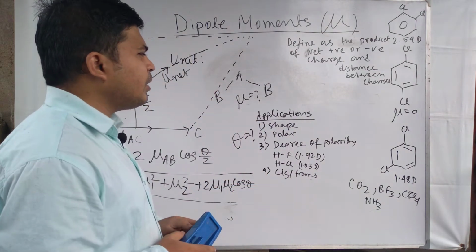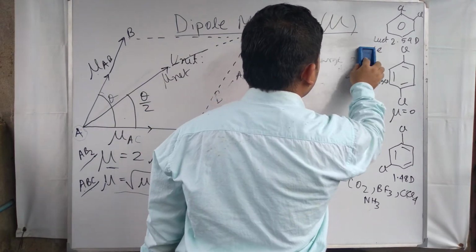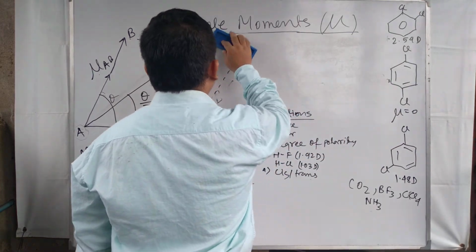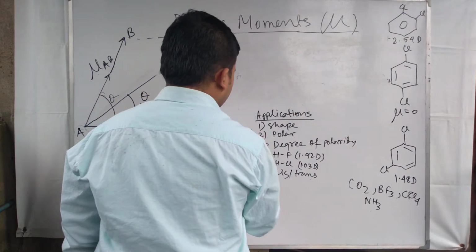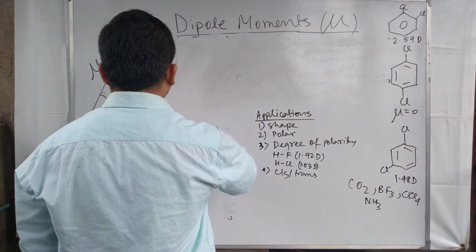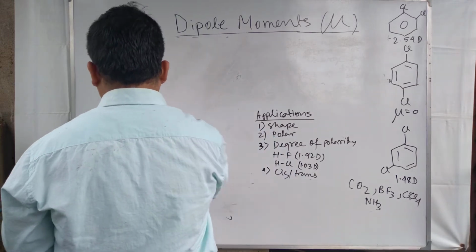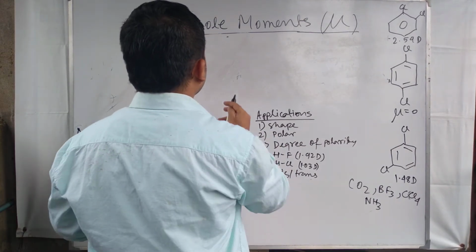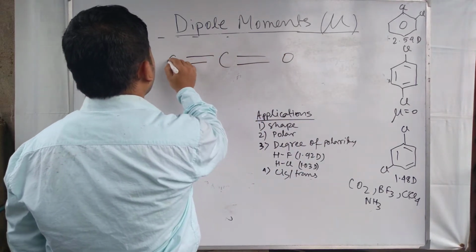Next important thing that we need to understand is examples of some molecules where we need to determine the dipole moment. Suppose we talk about the carbon dioxide molecule, CO2.